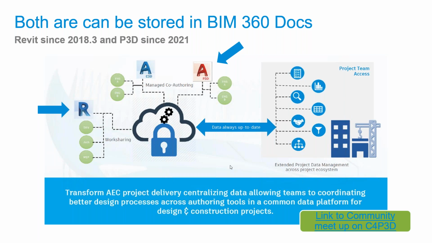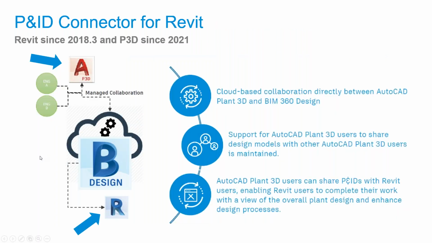And so the 2018, 2019, and 2020 releases of Plant 3D would work with BIM 360 Team in the cloud, but it lacked the ability to set user permissions and several other really important key workflows that are capable in BIM 360 Docs.